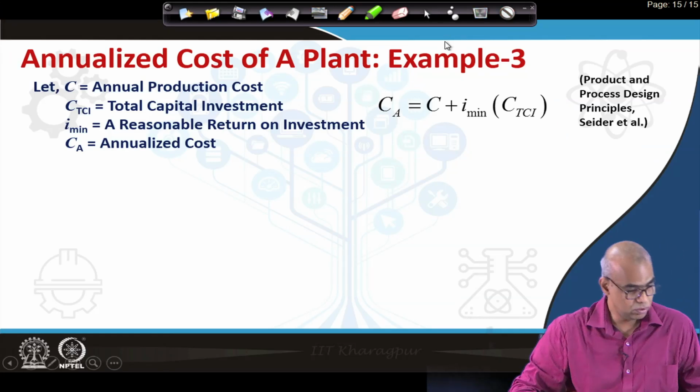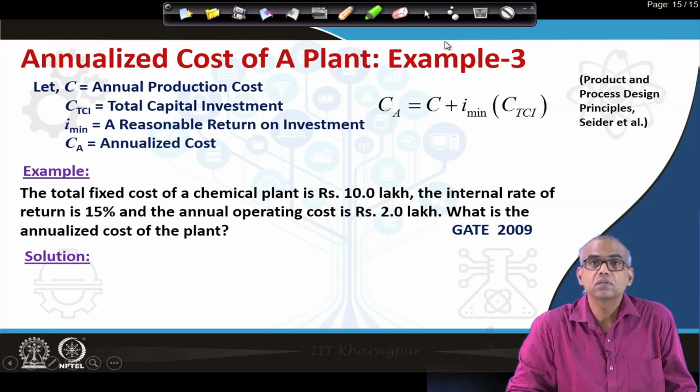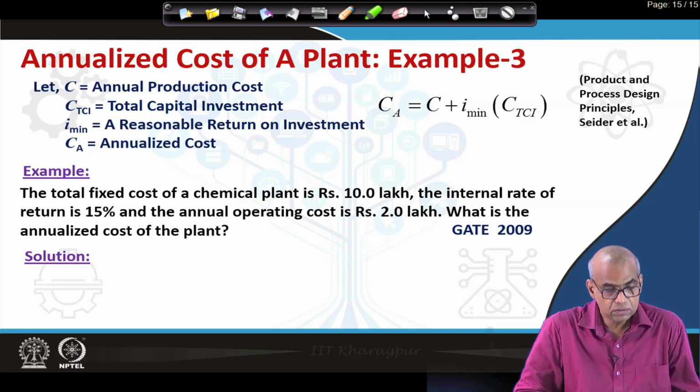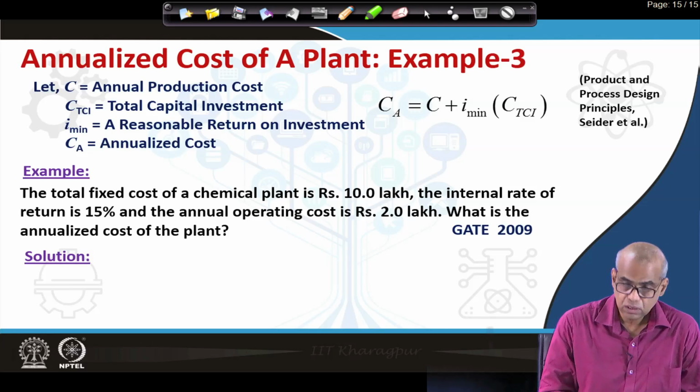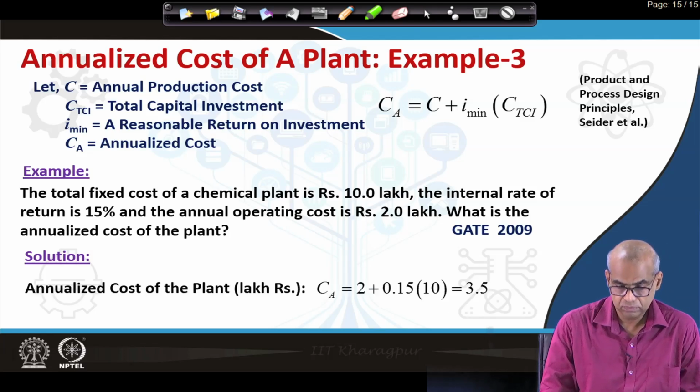So, if we take a problem on this, the total fixed cost of a chemical plant is rupees 10 lakh, the internal rate of return is 15% and the annual operating cost is rupees 2 lakh. What is the annualized cost of the plant? So, this is straightforward application of the formula.